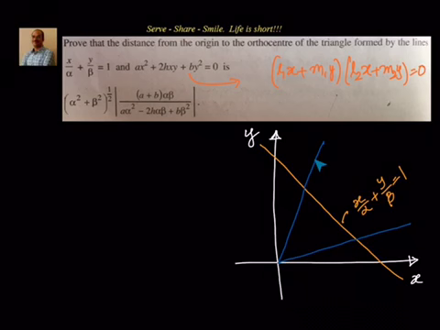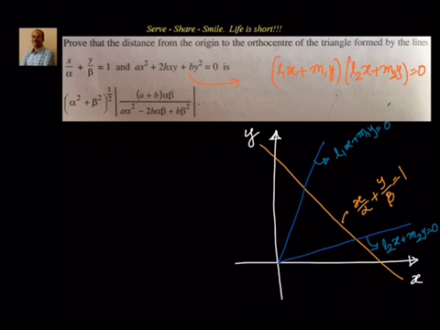So this line is L1x + M1y = 0. The other line is L2x + M2y = 0. So we are just trying to understand what the question is.